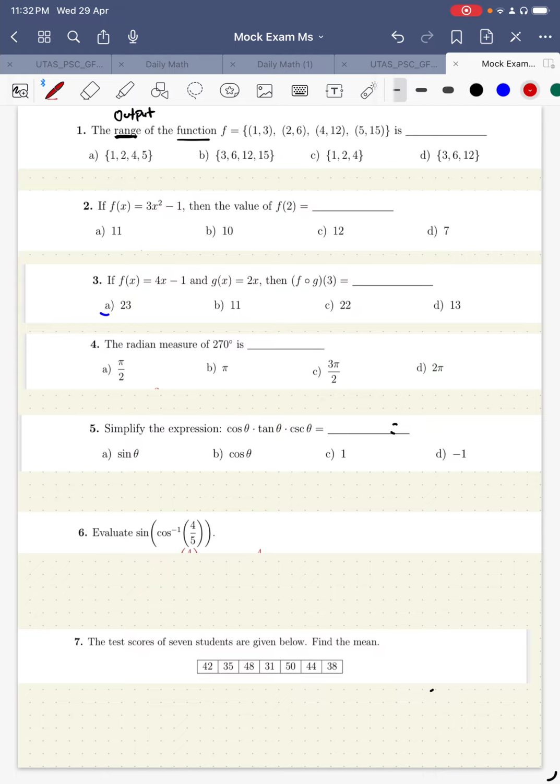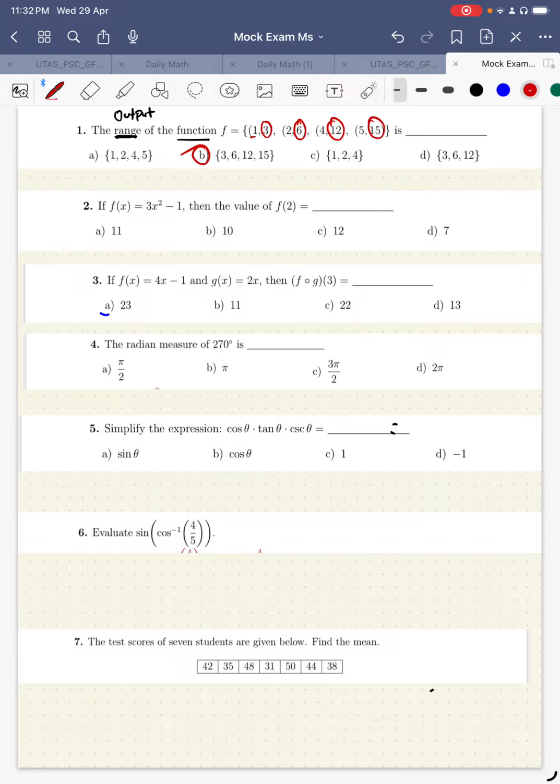In an ordered pair, the first number stands for the input, but the second number stands for the output. So if I want to get my range, first I'm going to put a circle on my output: 3, 6, 12, and 15. I would like the set that involves 3, 6, 12, and 15, which takes me to the answer letter B.